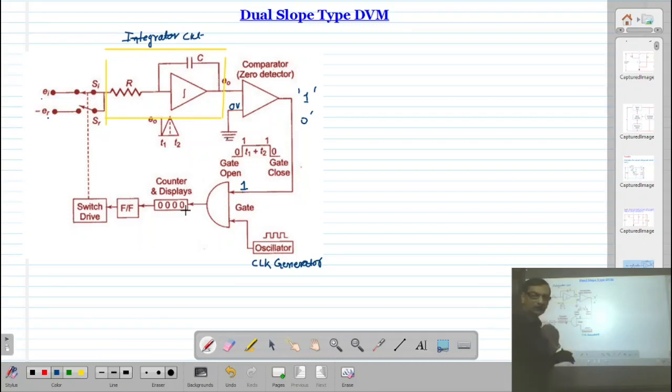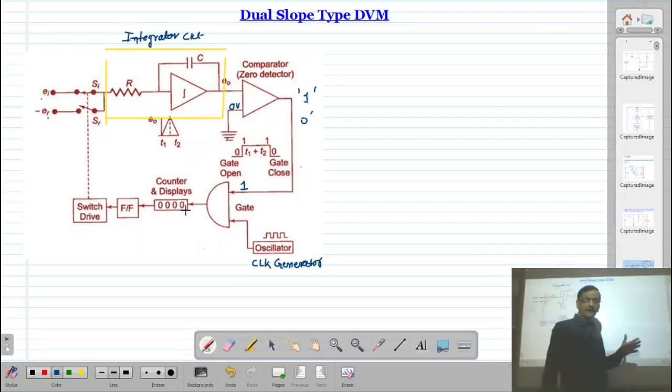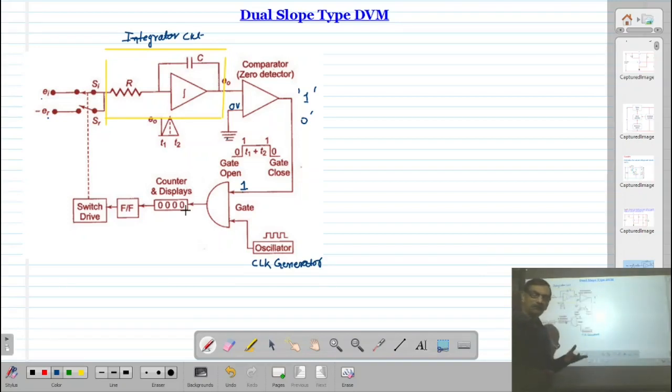Now this counter can be 4-bit, 8-bit, 16-bit. It depends on what kind of resolution you want. So normally an 8-bit or a 10-bit counter will be there. But just for example, here we consider only a 4-bit counter. So as the clock pulse is passing through this gate, the counter goes on counting.